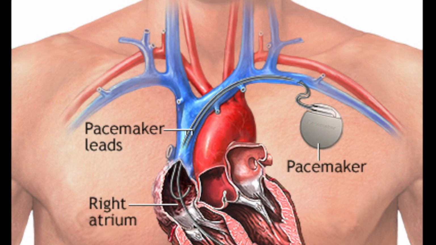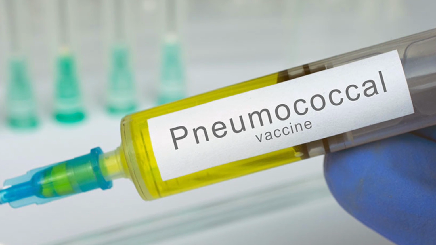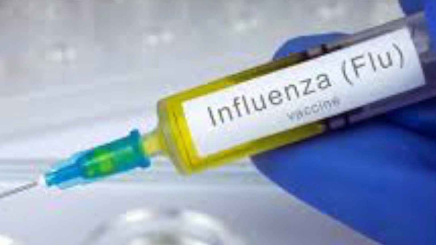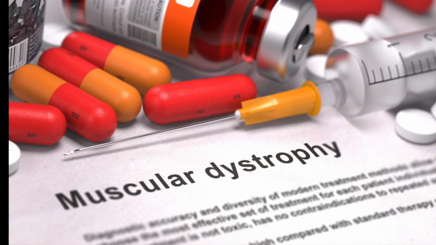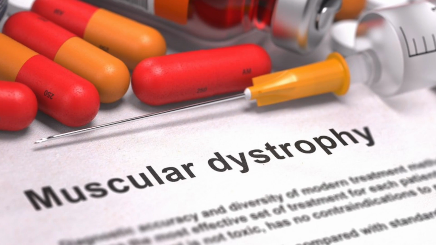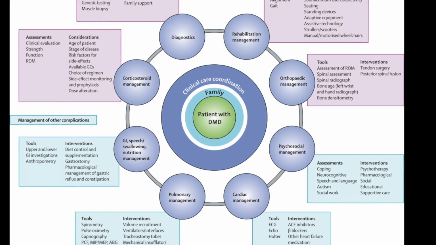Heart function can be improved with pacemakers. Preventing respiratory infections is important, so getting vaccinated for pneumonia or the flu would be crucial for somebody with DMD. In conclusion, DMD cannot be cured. Therefore, taking these steps can buy someone more time as these treatments and prevention options suppress the progression of DMD.